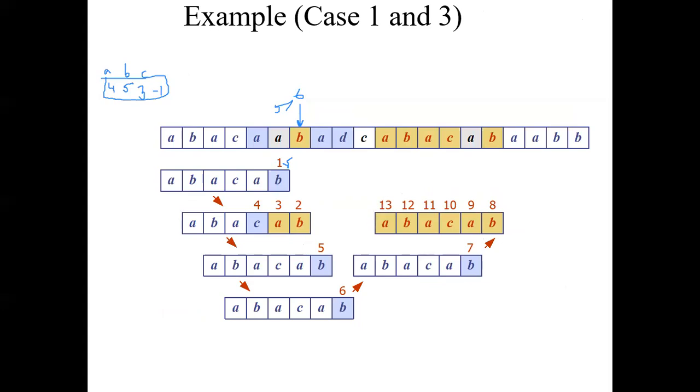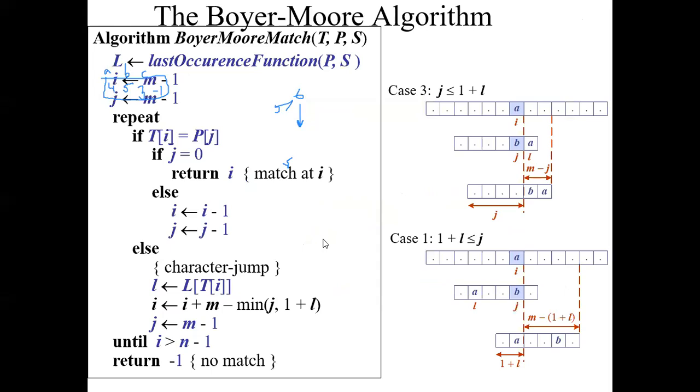Any one of you can correct what error we have done? Again, I take you here. So the new value of I is 4 plus 6 minus min of J is 4 and 5.